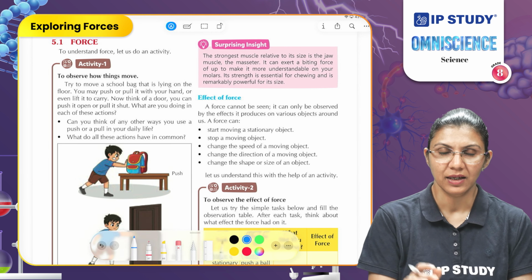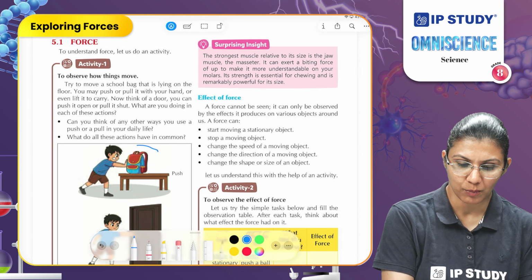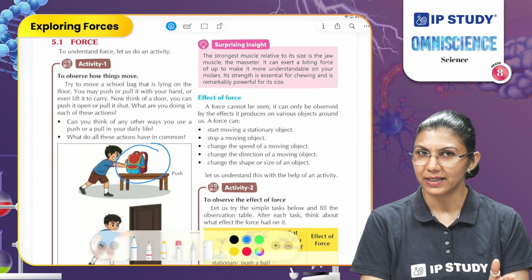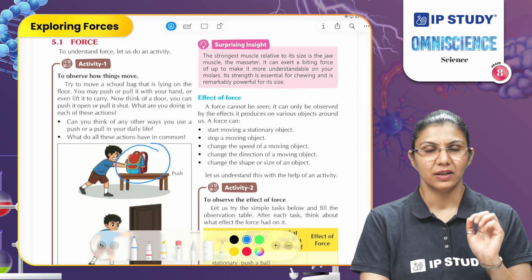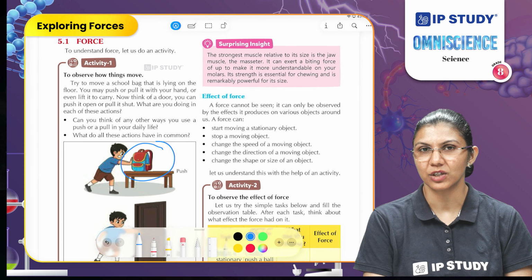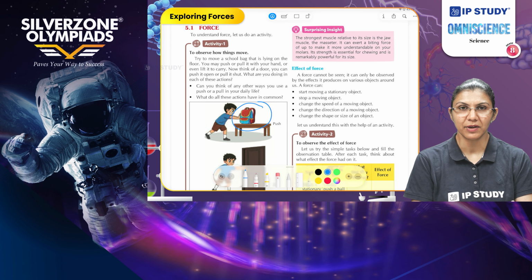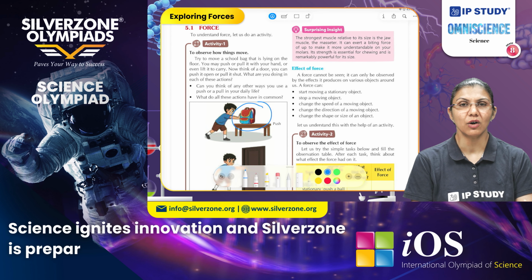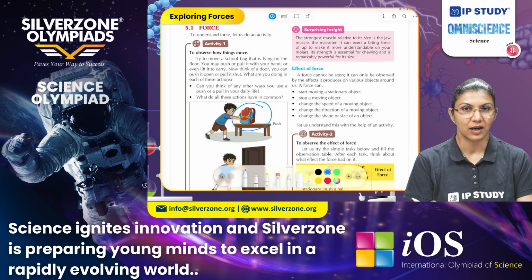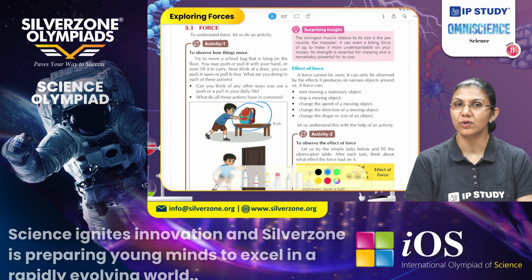For example, if you push a bag which is kept on a table, what will happen? The bag will be moved away from its original position. So what is happening during this action? The position of the object is moved due to a push, which means due to a force.